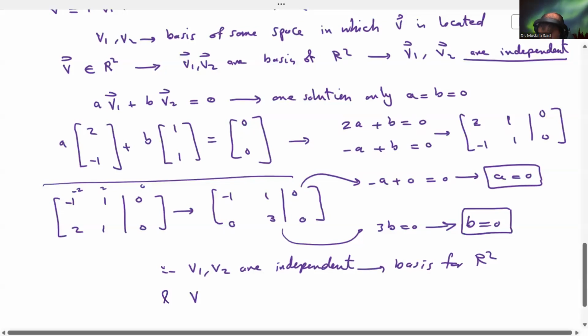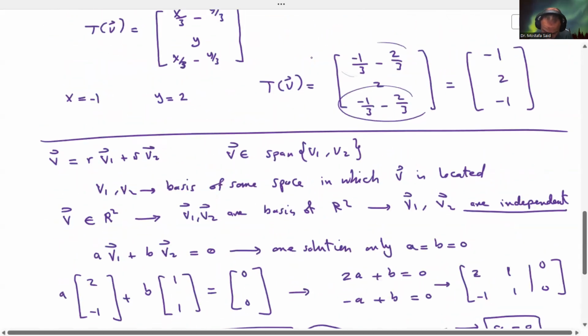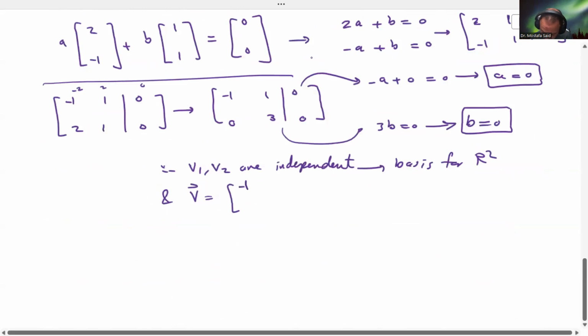And indeed, v, our vector, which is -1 and 2, spans R2, so it's equal to basically some constant r times v1 plus another constant s times v2.